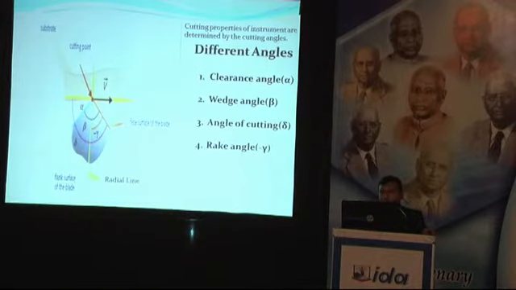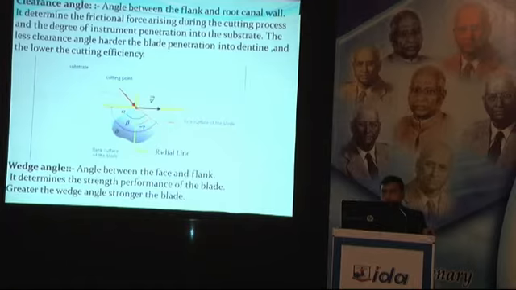Cutting properties of the instrument are determined by the cutting angles. Different angles are the clearance angle, wedge angle, angle of cutting, and the rake angle. Clearance angle is the angle between the flank and the root canal wall. It determines the frictional force arising during the cutting process and the degree of instrument penetration into the substrate.